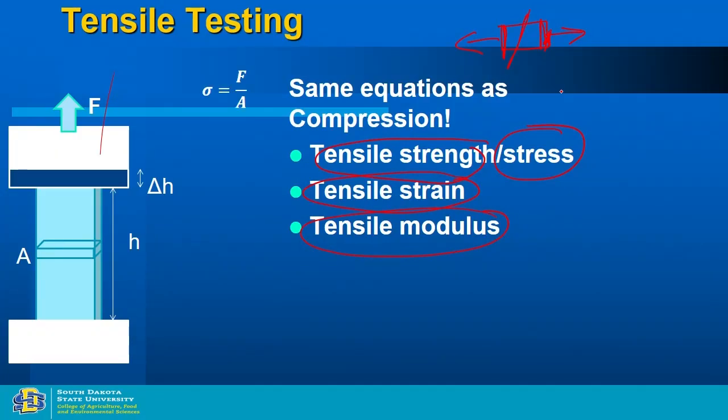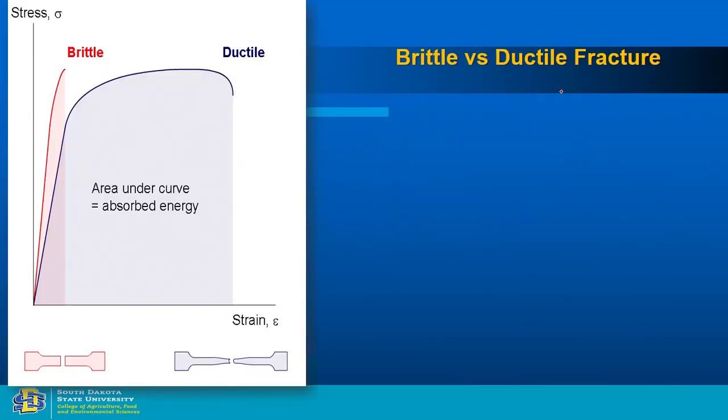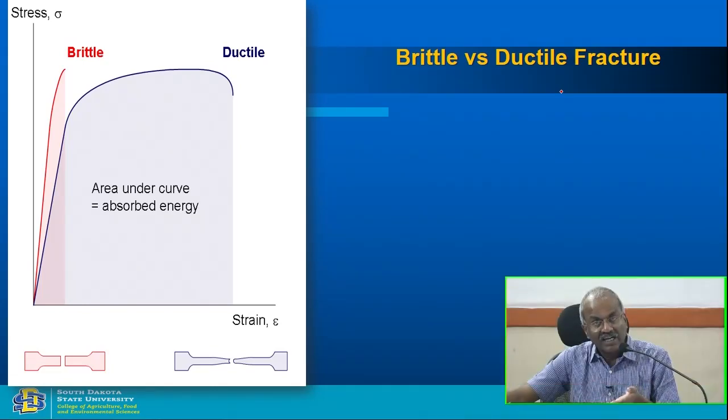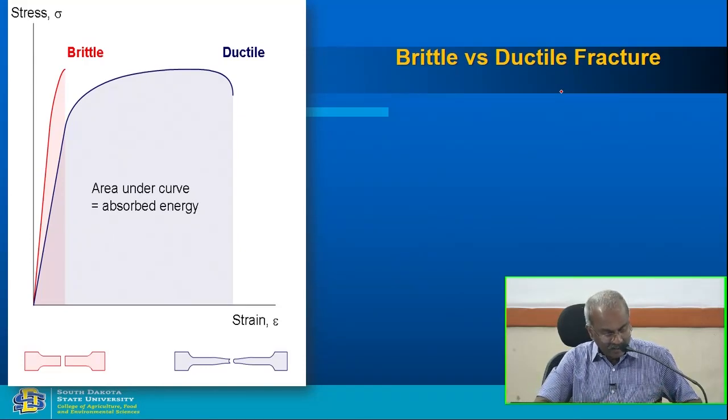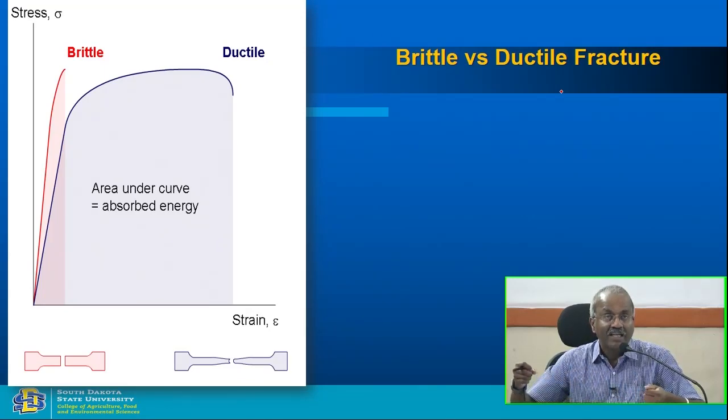Same equation you use for tensile elasticity. Same way you calculate strain, same way you calculate the modulus. We are nearing the end of the presentation. We talked about brittle and ductile this morning. Brittle samples will break immediately when you elongate them. The ductile sample will keep elongating, and then it will break.